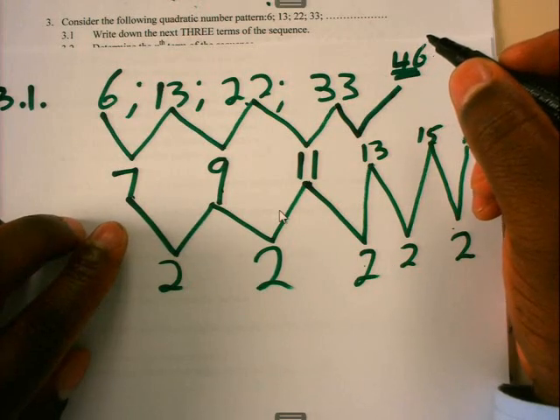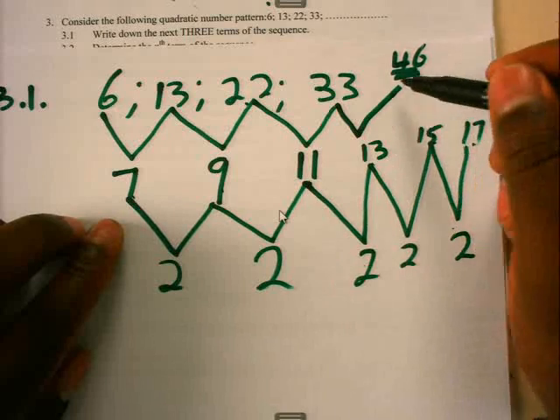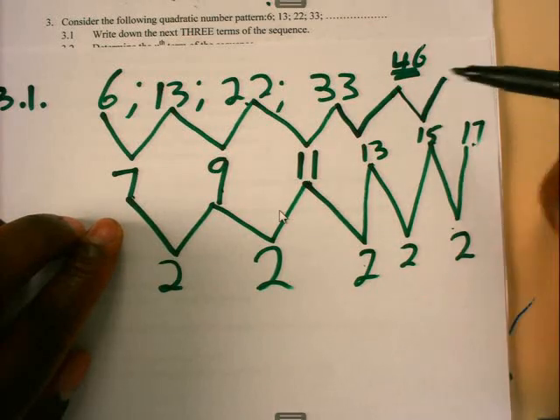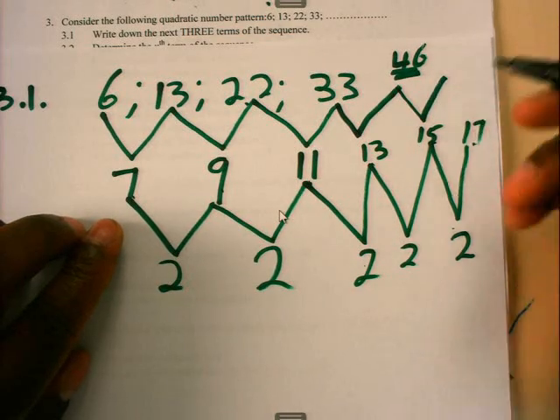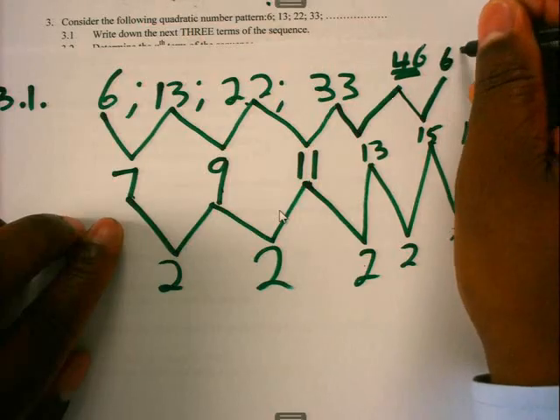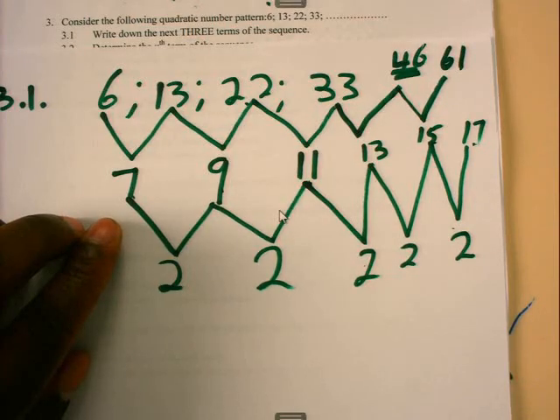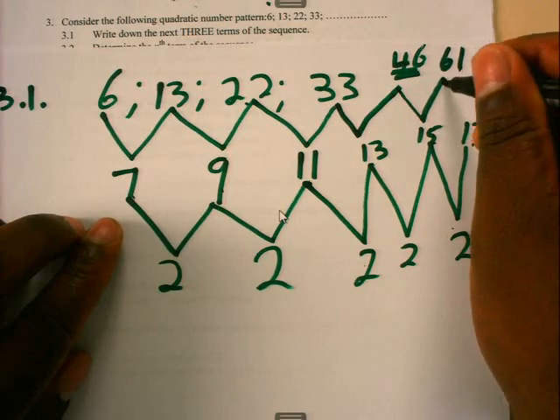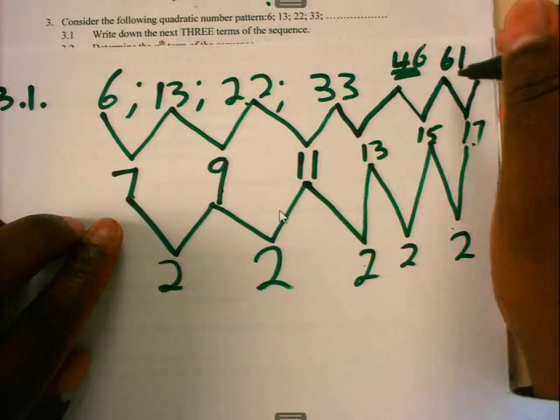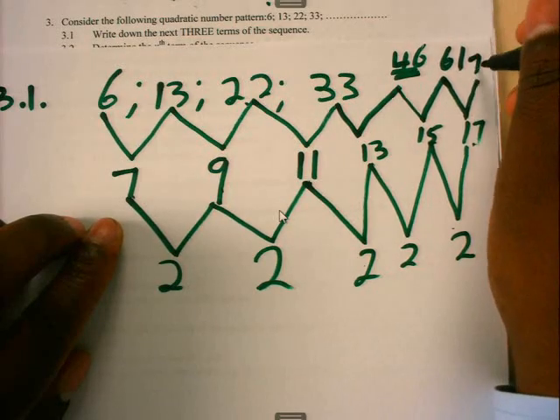Let's carry on. 46 plus 15, we just have to keep on adding, gives you 61. Then 61 plus 17 gives you 78.